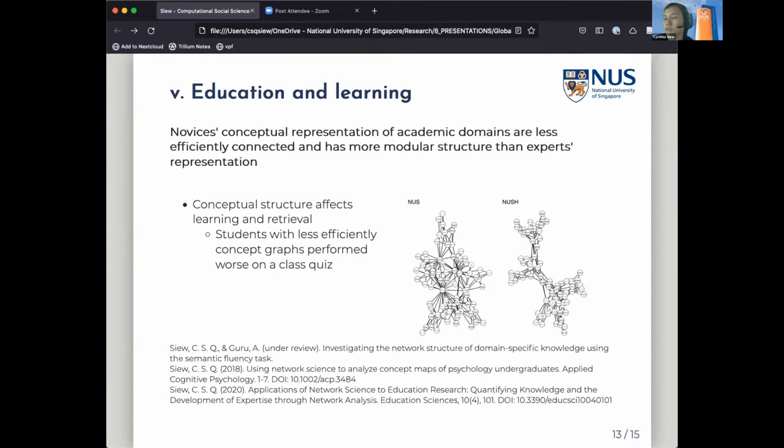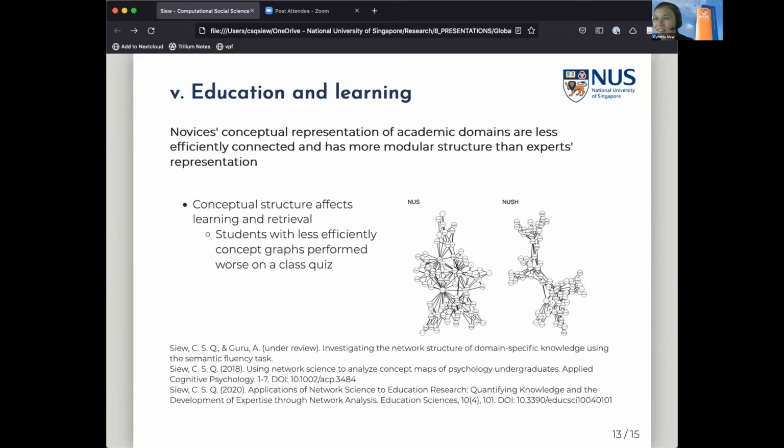The way that we try to capture this information is by having students or participants do something known as a verbal fluency task. I should explain what the fluency task is. A very simple example is if I were to ask you to name as many animals as you can think of in 2 minutes.